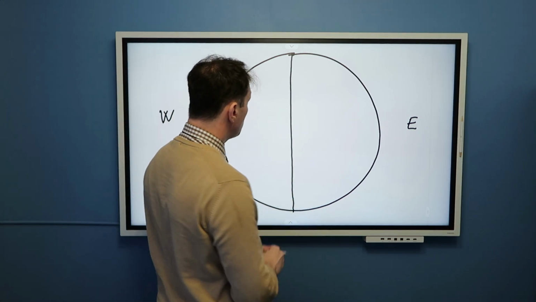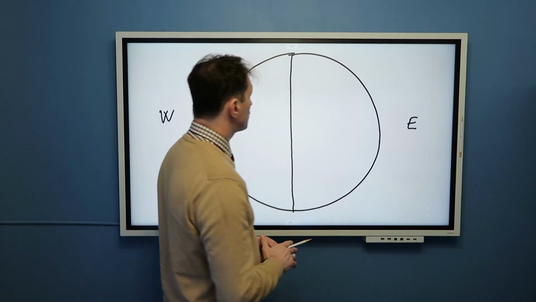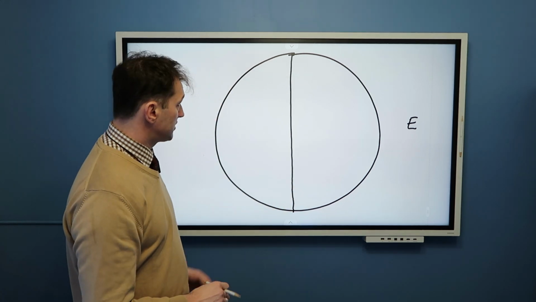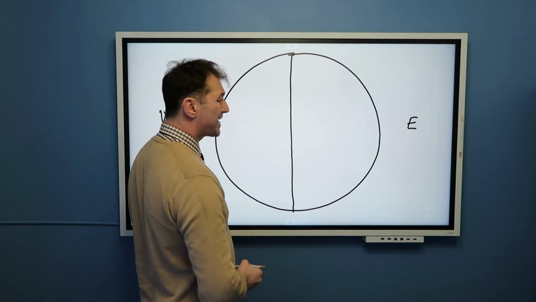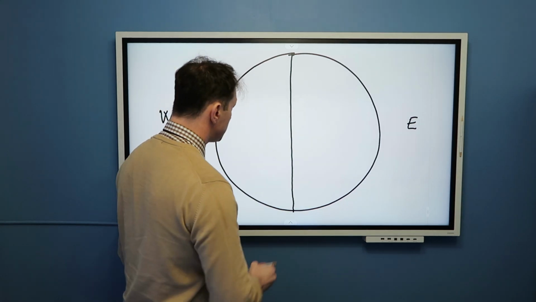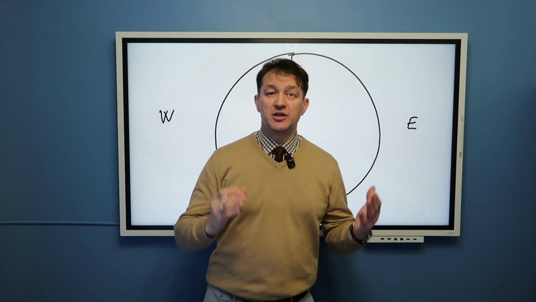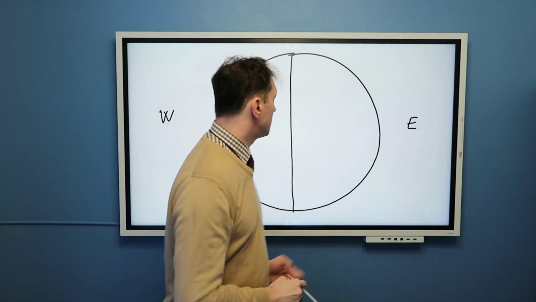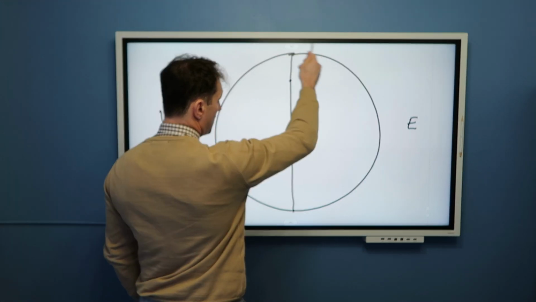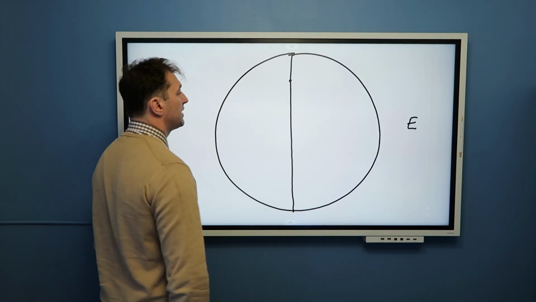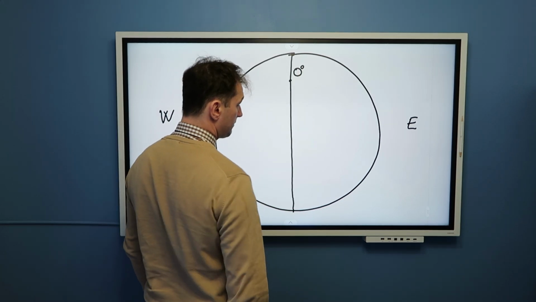But the question is, where do we position this line? Through historical conventions, this line, which we call the prime meridian, is passing through Greenwich in England, the Royal Observatory in Greenwich. So maybe somewhere here is Greenwich, and that's the prime meridian, and we call it 0 degrees.